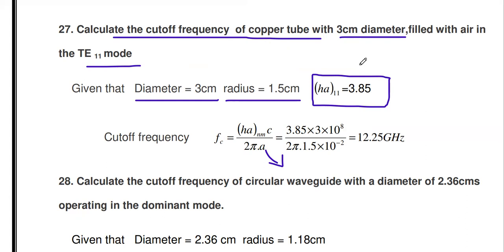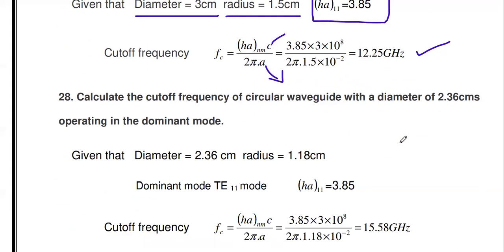From the table you just take this value, 3.85. Substitute 3.85 into c. What is c? Free space velocity, 3 into 10 to the power 8, divided by 2 pi a. a is 1.5 centimeter. If you solve it, you get the answer 12.25 gigahertz.